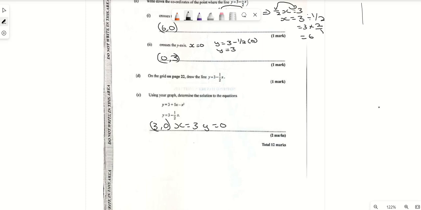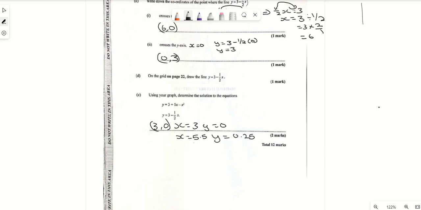And the next coordinate was x equal to 5.5 and y is equal to 0.25.